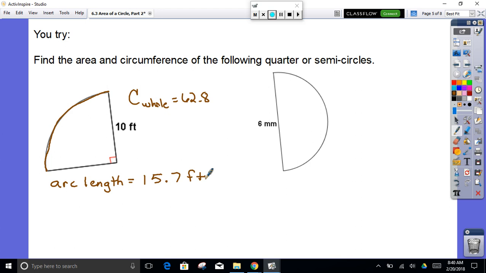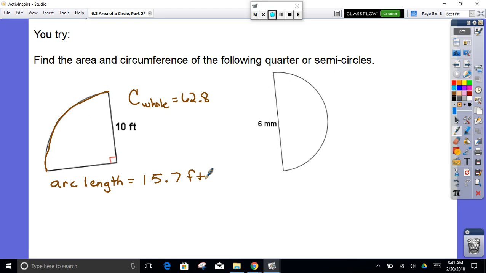Well, we did that to find the arc length, so that we know this brown part from here to here is 15.7 feet, but what if we wanted to find the whole distance around? Well, the two sides that make up the right angle are equal, right? Yeah. So if you found the arc length and you already know those two, then we would just add them all together. So we'd have 15.7 plus 10 plus another 10, so we would have 35.7 feet for the perimeter.